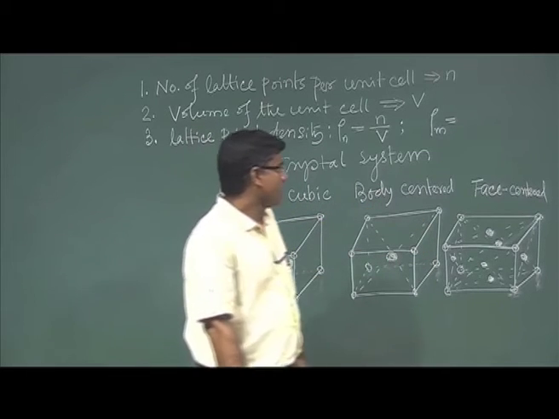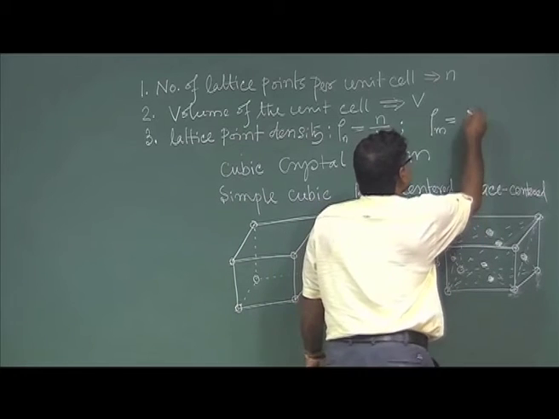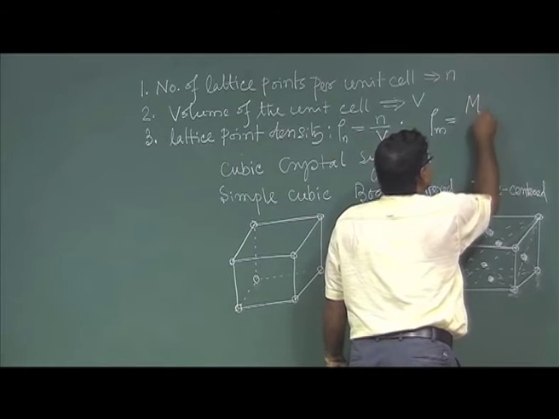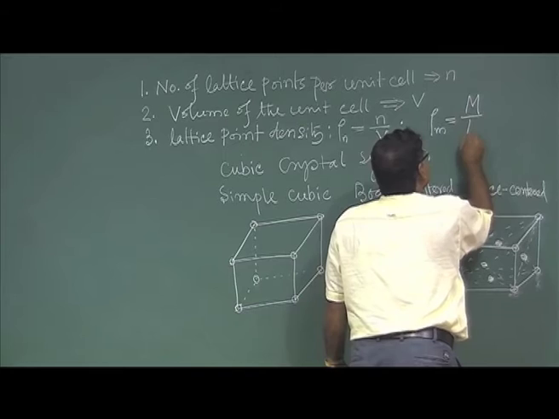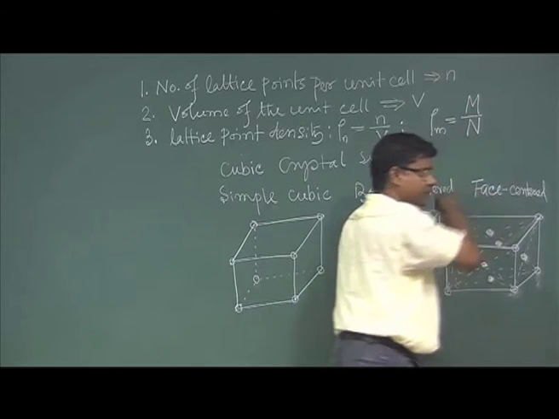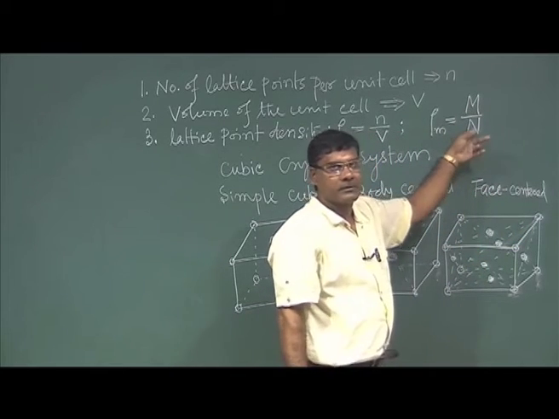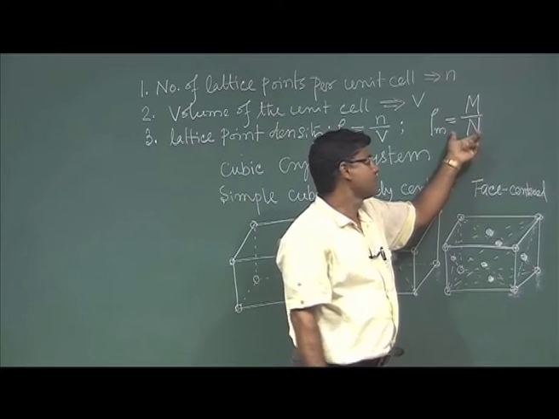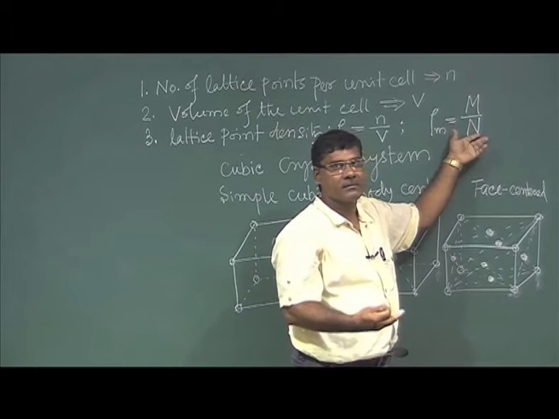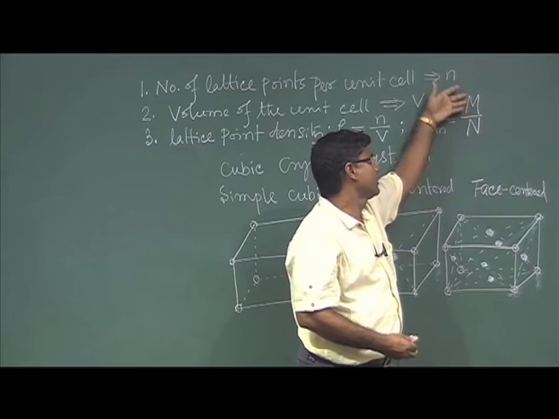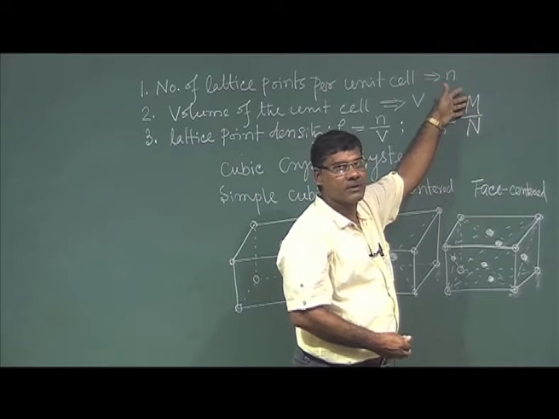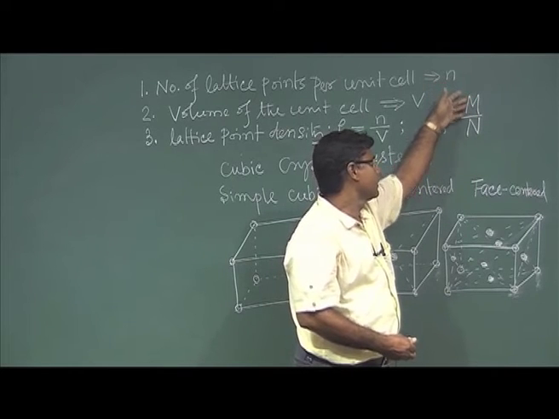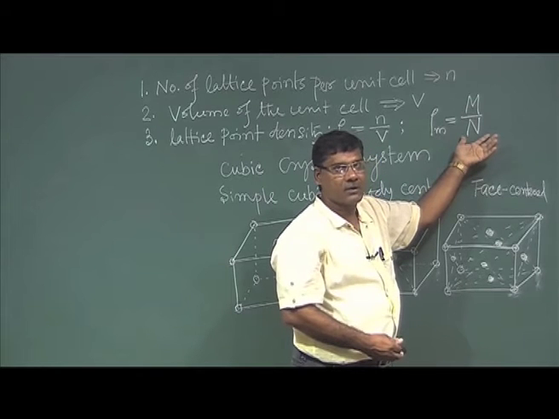So, the mass of Avogadro number of atoms is the molecular weight, and the mass of one atom will be the molecular weight divided by Avogadro number.